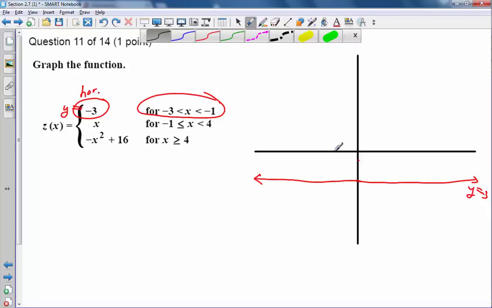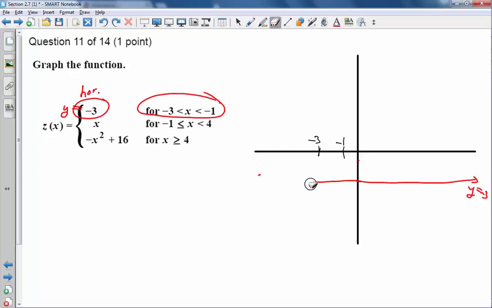Let's say 1, 2, 3. -3 to -1, they only want the part between these two. So it's this part. Take an eraser and clean up everything else except the part between these two values.